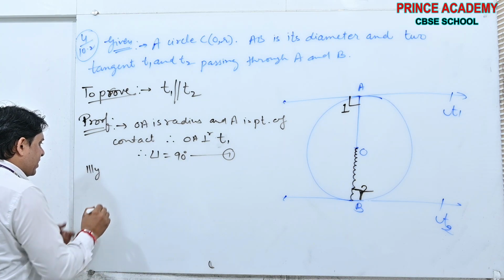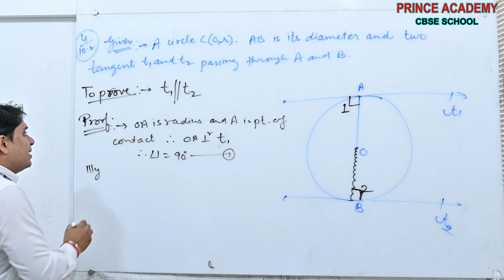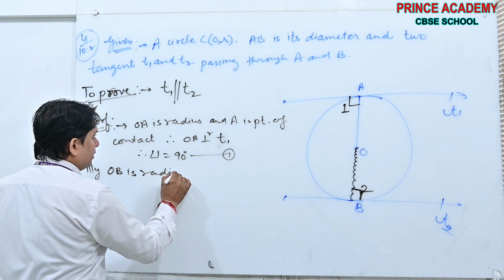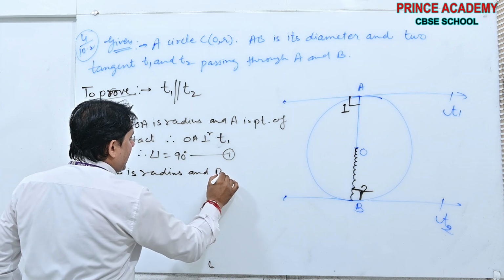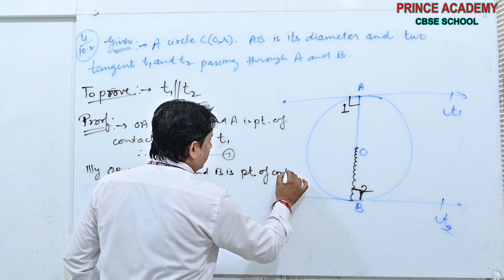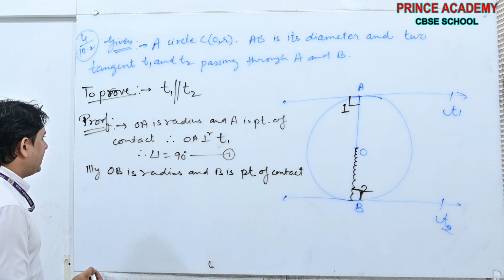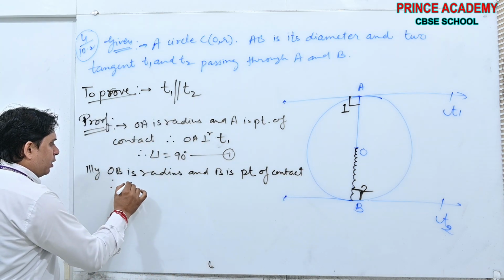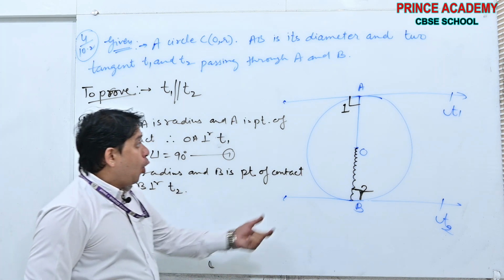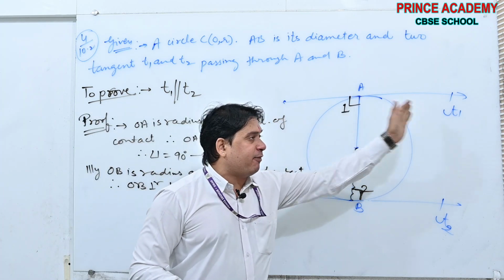Similarly, this is the symbol for similarly. Similarly, OB is the radius and B is the point of contact. Can I write? Therefore, OB is perpendicular to T2. OA is perpendicular to T1.